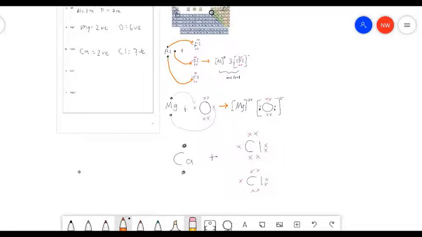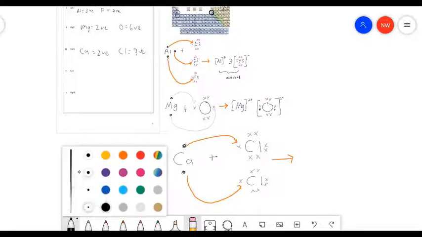So, this calcium akan transfer elektron kepada klorin atom, menyebabkan that klorin atom mencapai octet configuration.